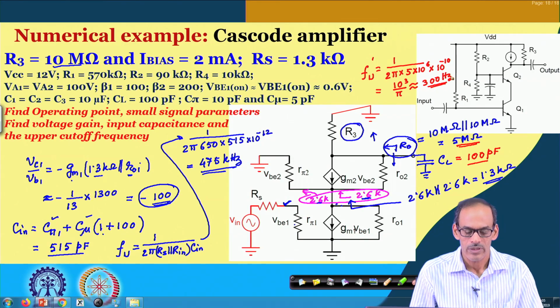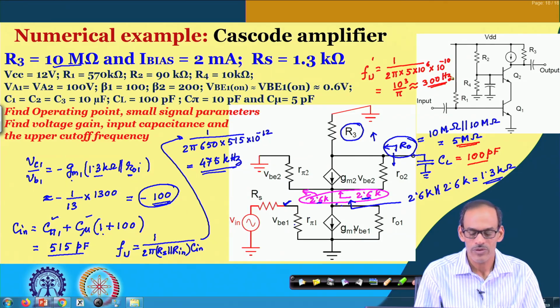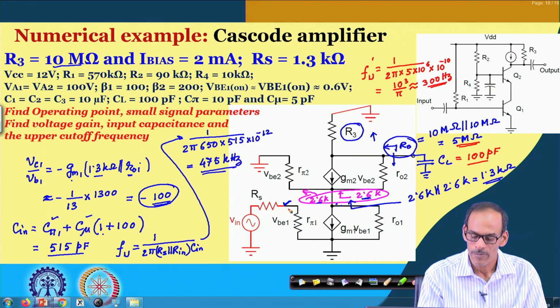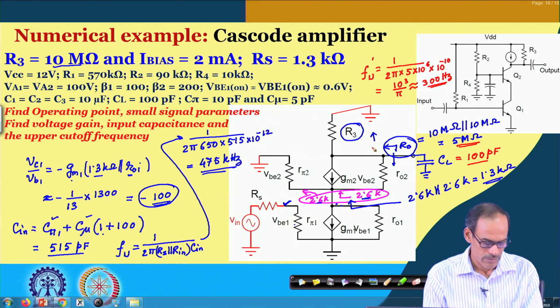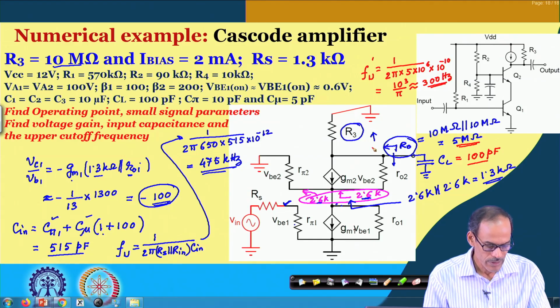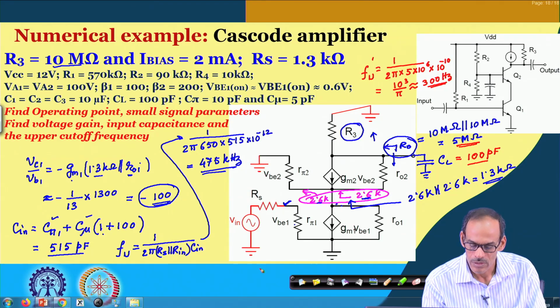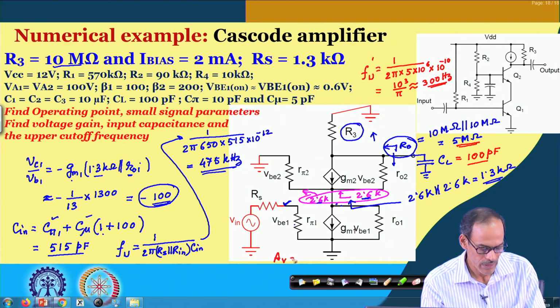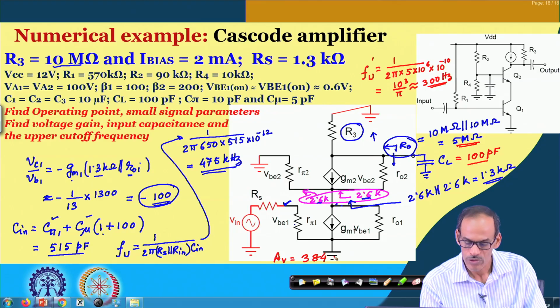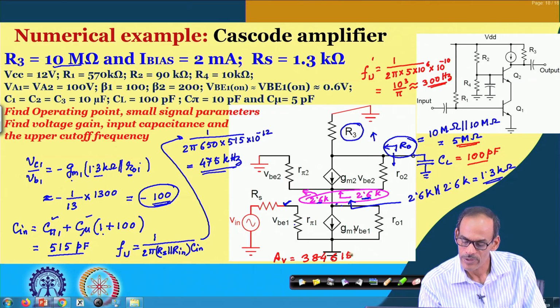Yes. So, the advantage here is that we got very high gain from this circuit. I think we already said the overall gain was 3.84615, in fact, if I consider this attenuation, this divided by 2.